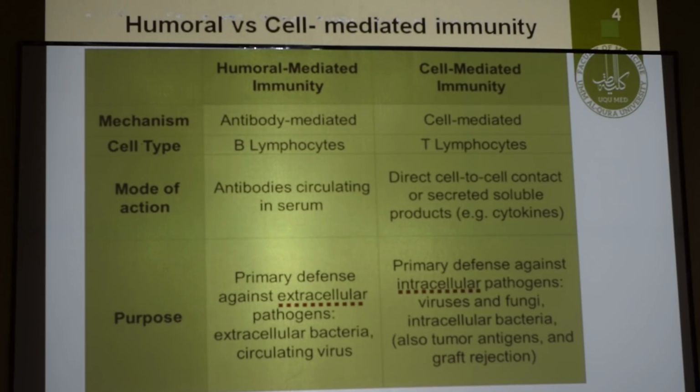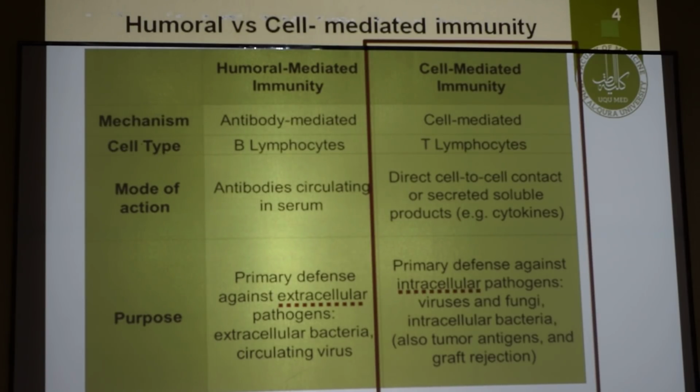Humoral immunity is produced by antibodies, while cell-mediated immunity is through T lymphocytes and is through direct contact. We'll see all these things one by one. So this is the focus of our lecture today, the cell-mediated immune response.